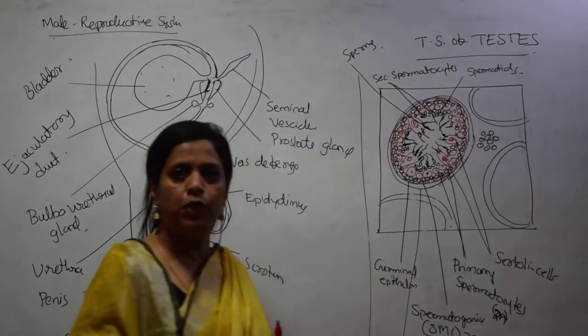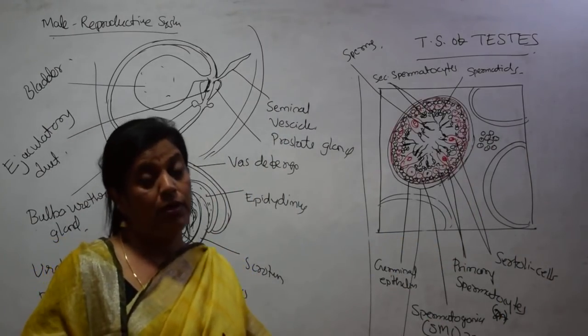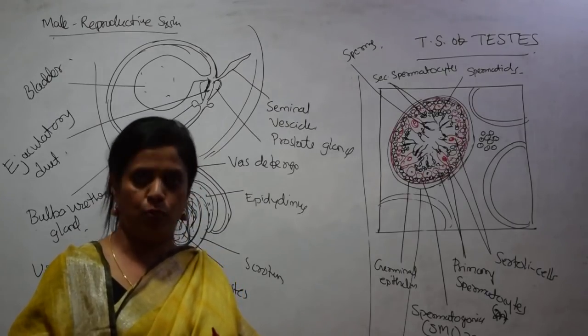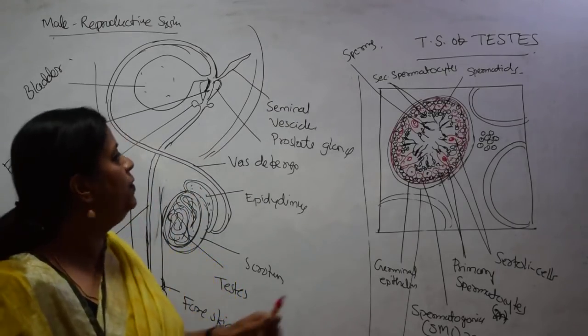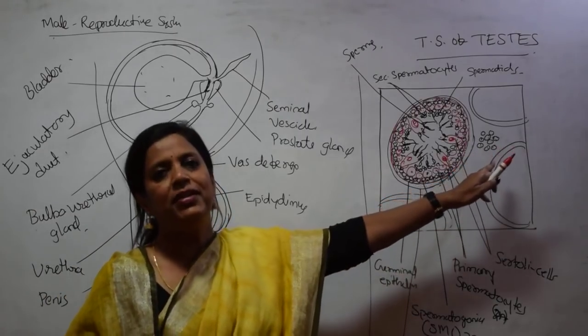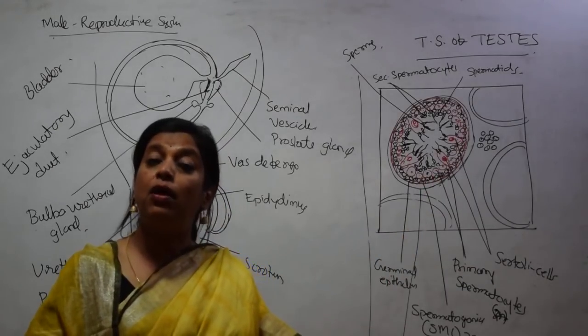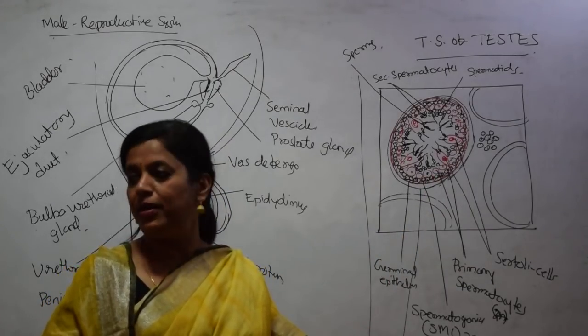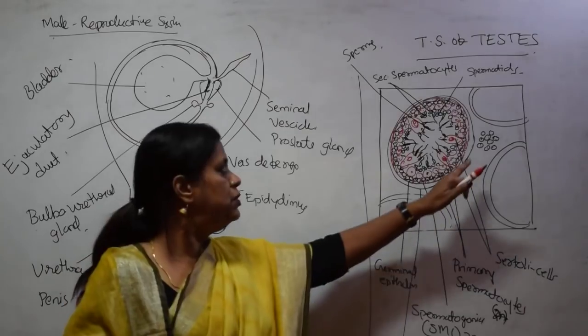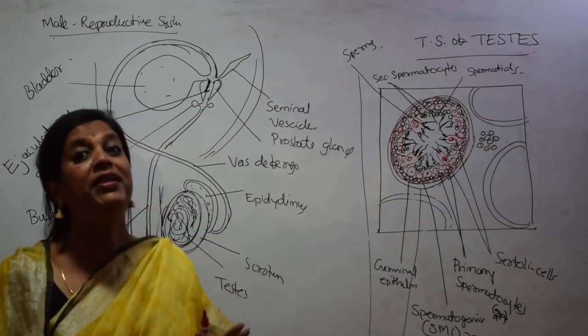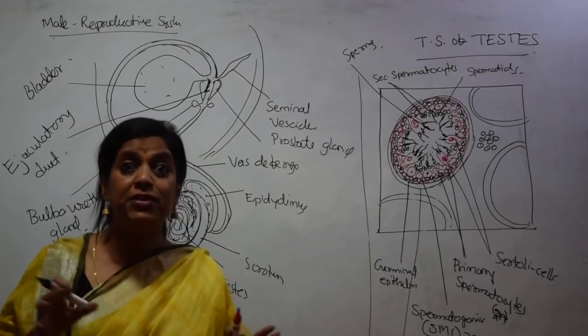Okay, these produce the androgens, the male hormones, right? These are the modified cells. They are going to produce the male hormone, that is testosterone, right? Remember the structure. They are found in the interstitial area.